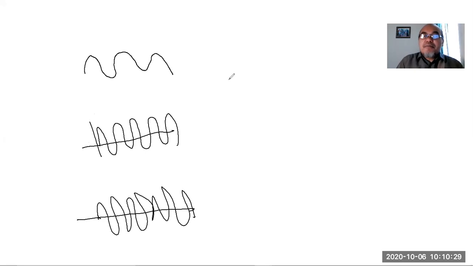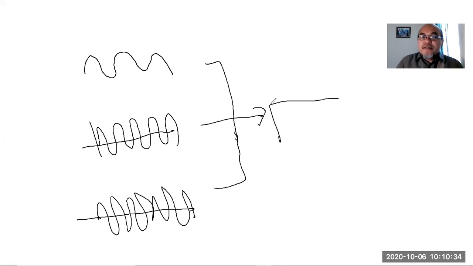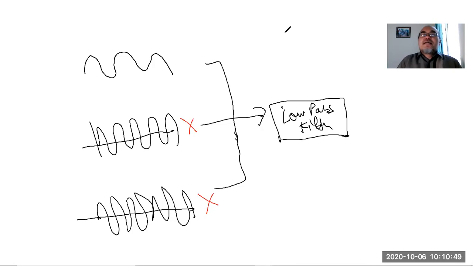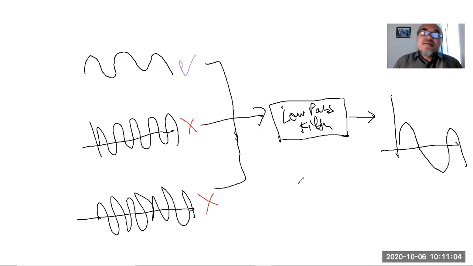When we pass this into a filter, let's say a low pass filter, then the higher frequency signals will be cancelled out, and the low frequency signal will be passed through. Then at the end of the block diagram, what we will have is a signal with only the low frequency part. So this is one example of a filter, which is a low pass filter.